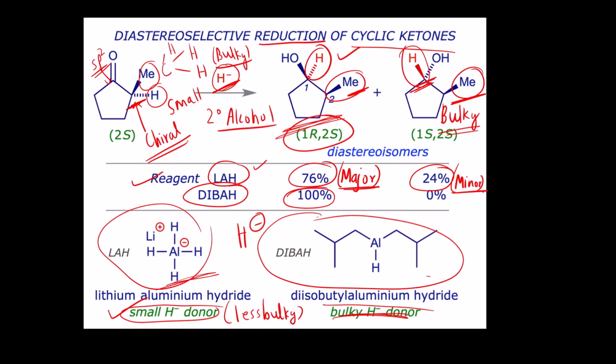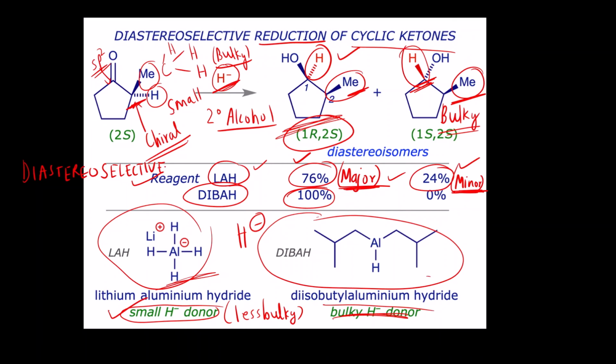Okay, so if you see the first reaction here, both the isomers are formed, they are diastereomers. So I would write diastereo, and since both the diastereomers are formed, one major and another minor, I would write the term selective.